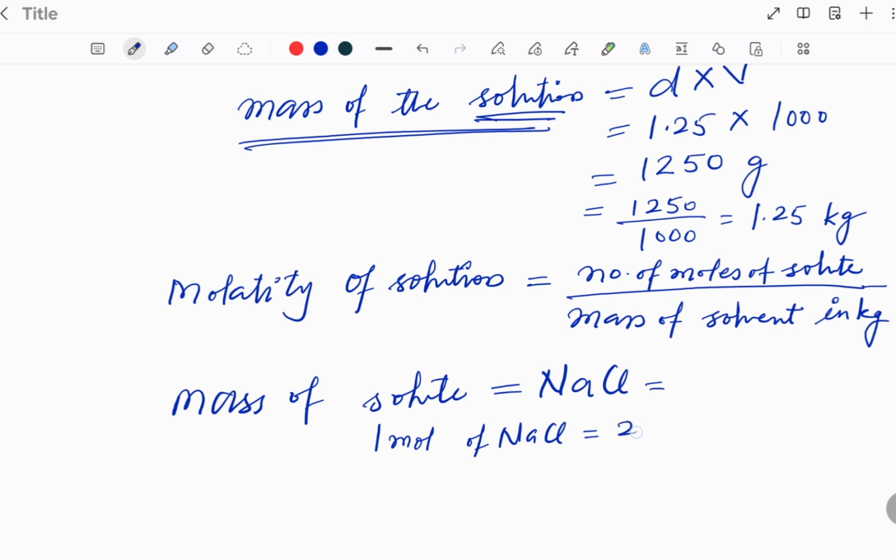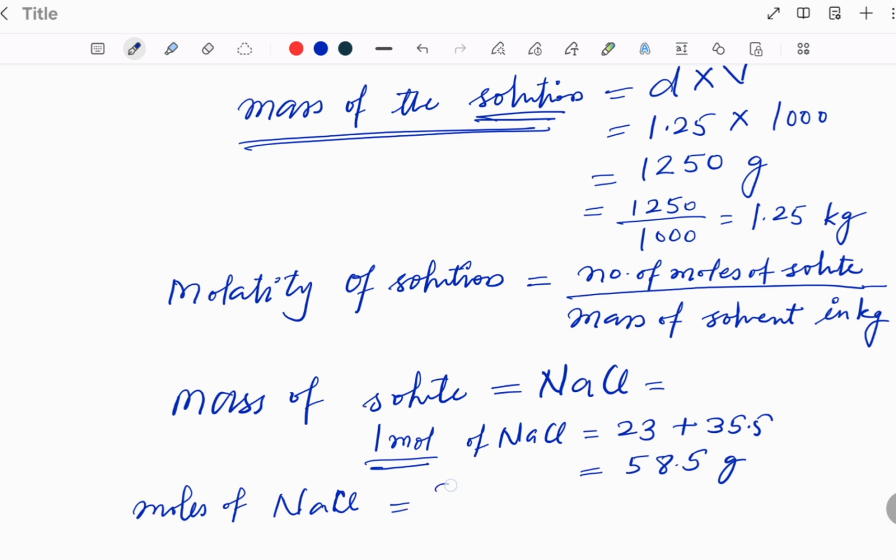So sodium is 23 and chlorine is 35.5. So it becomes 58.5 gram. But this is for 1 mole. And in the question, the moles of sodium chloride have been given, that is 3 moles.